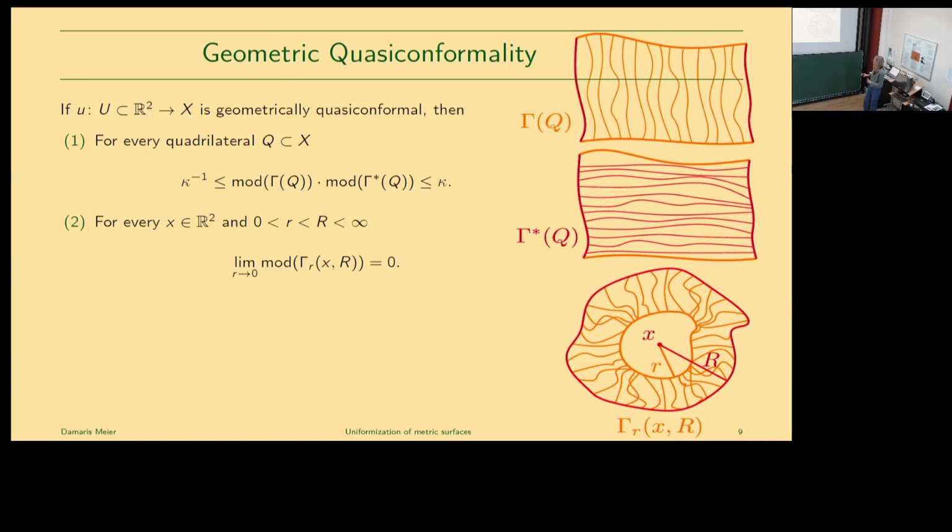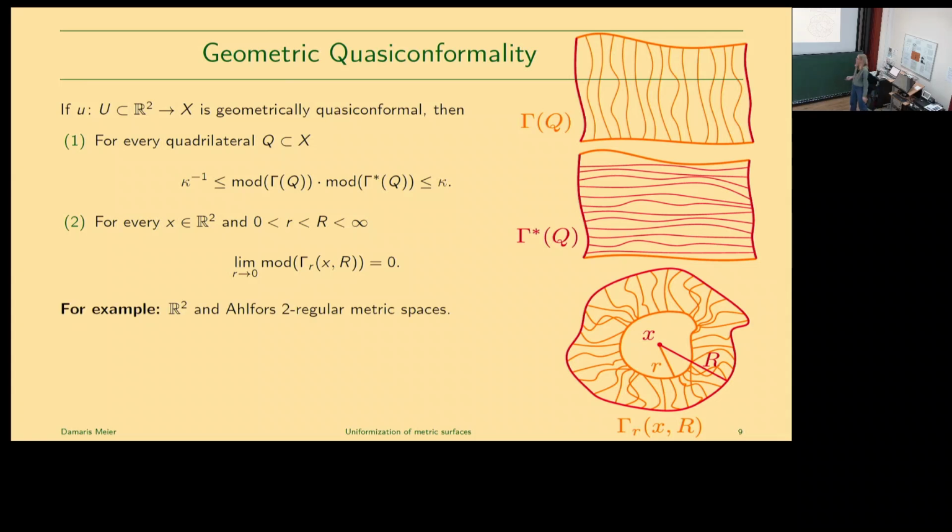And the second thing is that, if we have a point, then this should still be 0 if we look at all the curves going out from this one point.